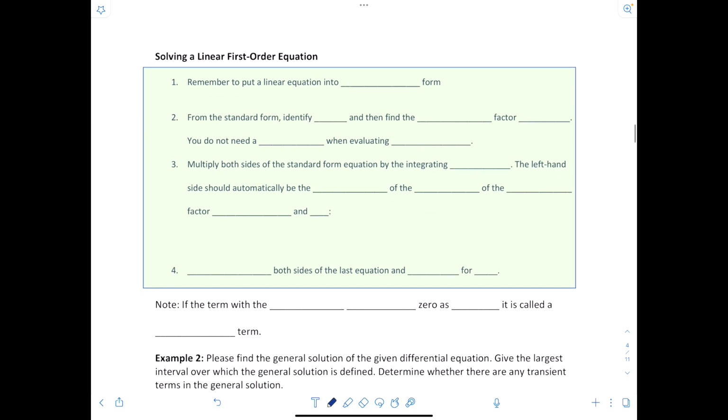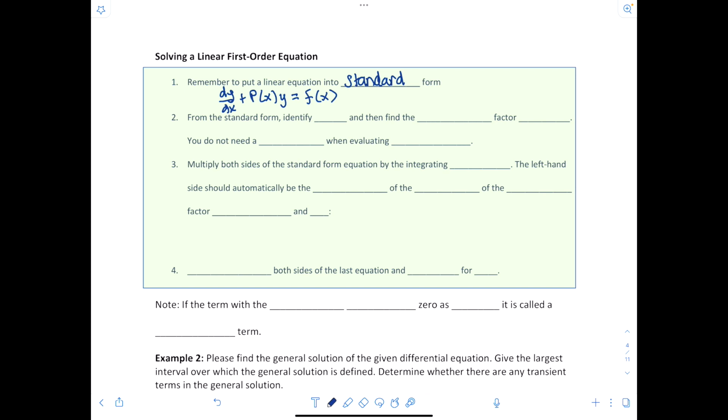Solving a linear first order equation. Remember to put a linear equation into standard form. Just a reminder, standard form was dy dx plus p at x times y equals f at x.